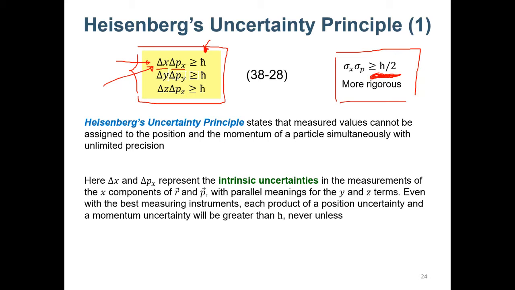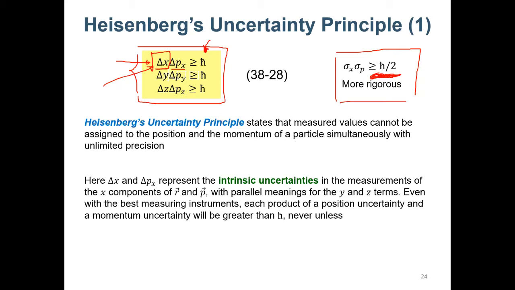And another interpretation is that when you try to measure the position or measure any physical variable of the particle, then you will really interfere with it, which means that if you try to measure the position of a particle, and then you try to measure the momentum of the particle, you'll get a result for the position and the momentum.